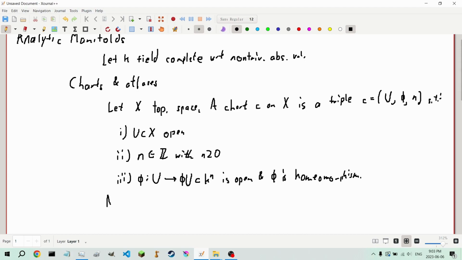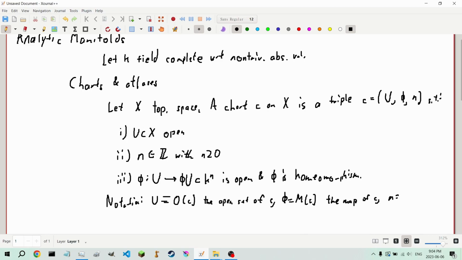And note on our notation here, we write U as O of C, the open set of C. We have our phi written as M of C, the map of C, and n is the dimension of C, which we call the dimension of C. I'm not going to write that out because I'm out of room and it's pretty straightforward.